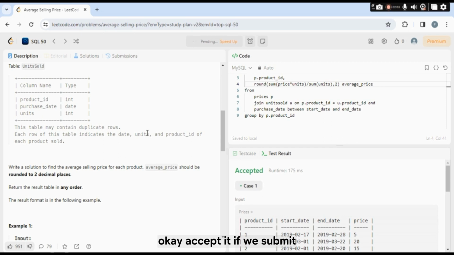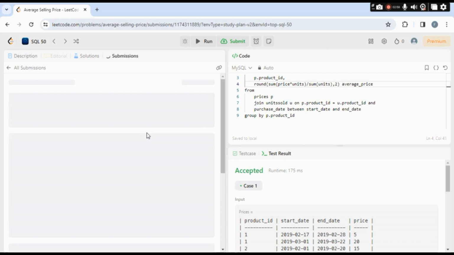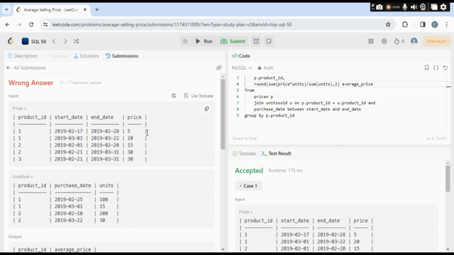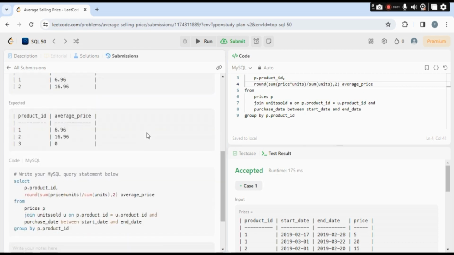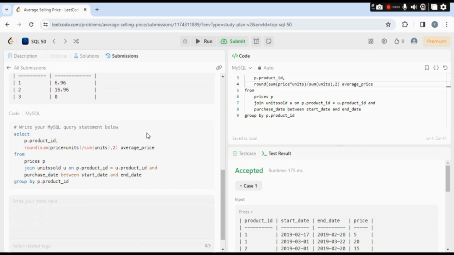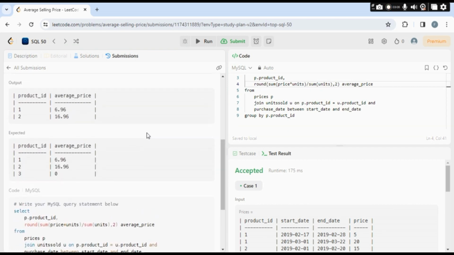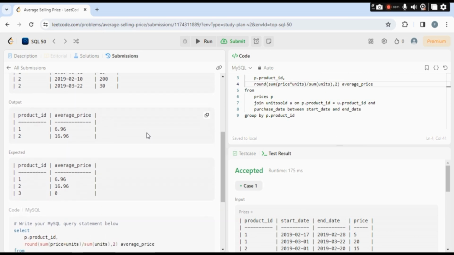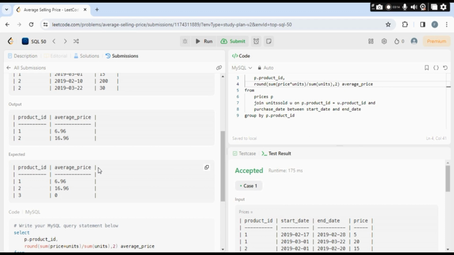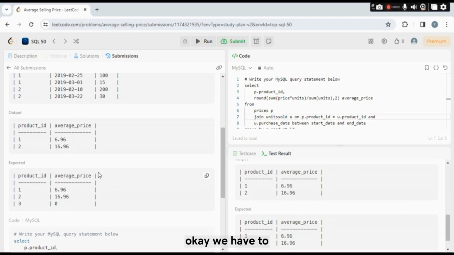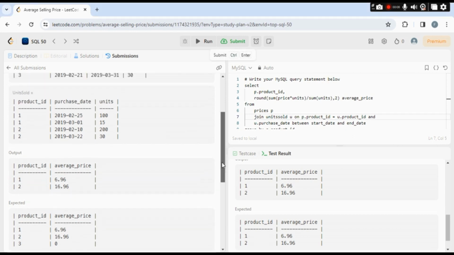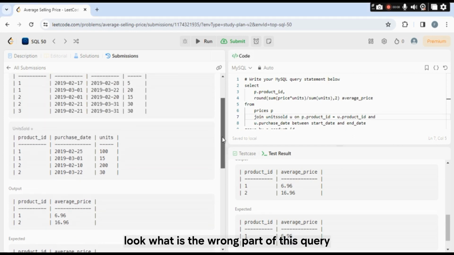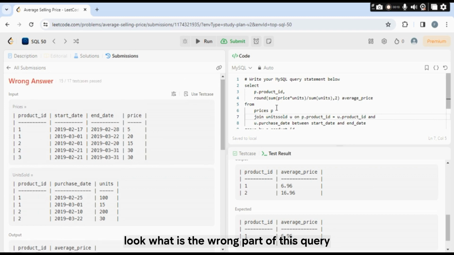Okay, accepted. If we submit, wait. Okay, we have to look at what is the wrong part of this query.